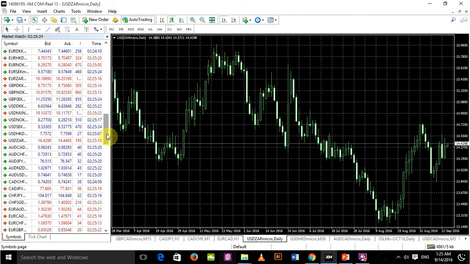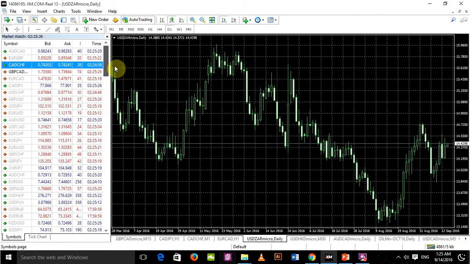Making this distinction will be important in the future when we look at what the spread means. That is the difference between your bid and your ask price. But for now, let's deal with the currency pair. I have before me a chart of the USD ZAR. So this is an exotic currency.